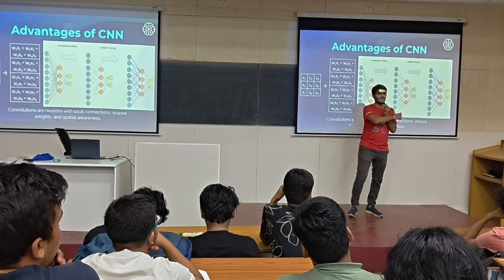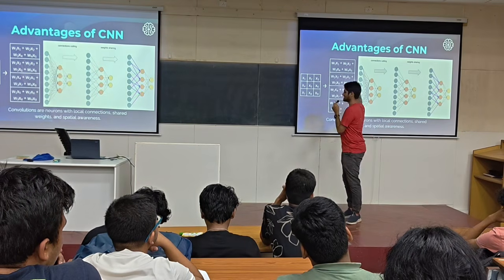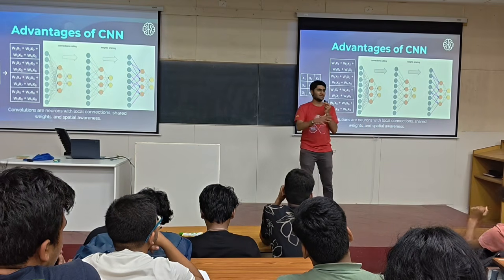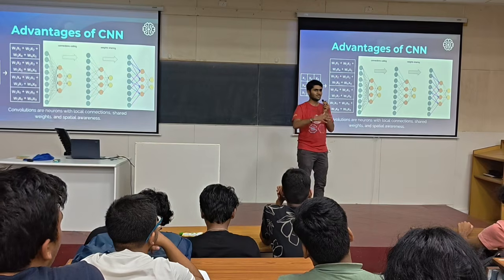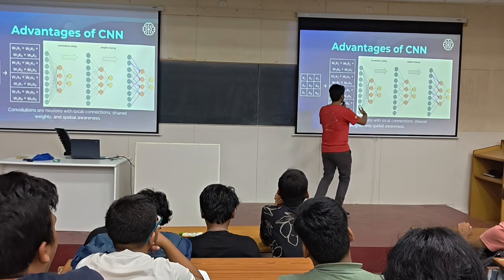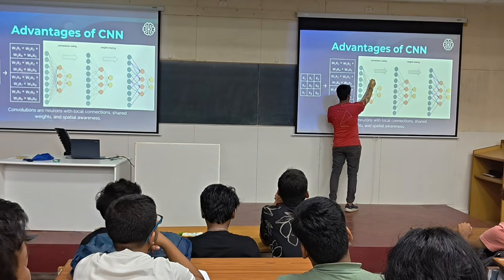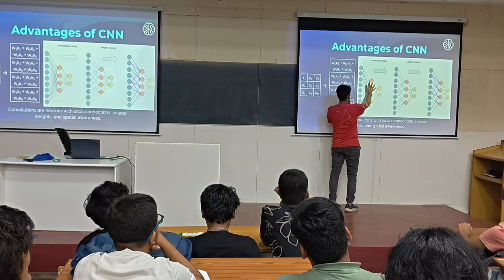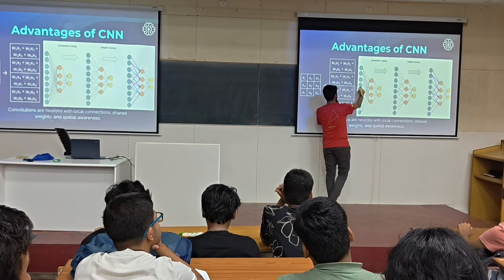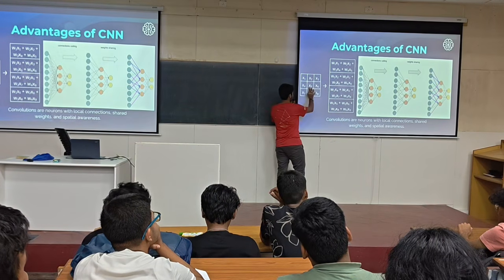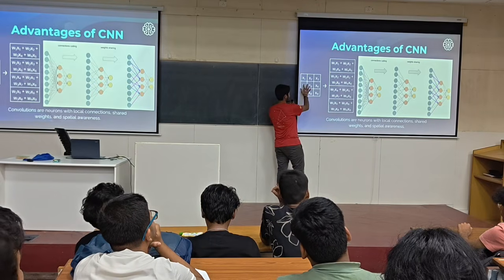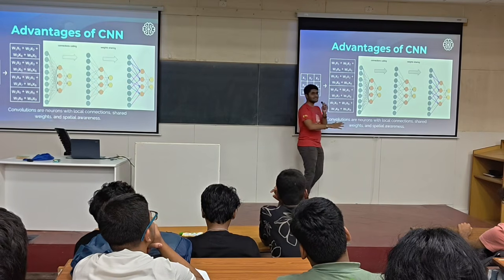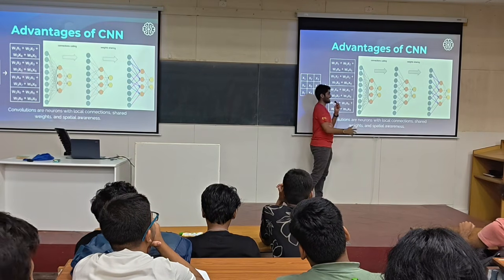But over here, we are designing these connections using the property of spatial coordinates. We know that I want this neuron to depend only on the nearest input pixels in this space, and hence the accuracy actually improves.